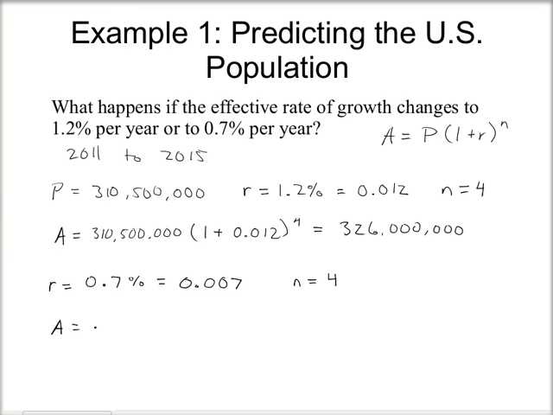Then my anticipated population is going to be 310.5 million times (1 plus 0.007) to the power of 4. That's going to give me a population of 319 million if I round to the nearest million. So that's a difference of 7 million people over 4 years, with just a difference of 0.5% in the growth rate.